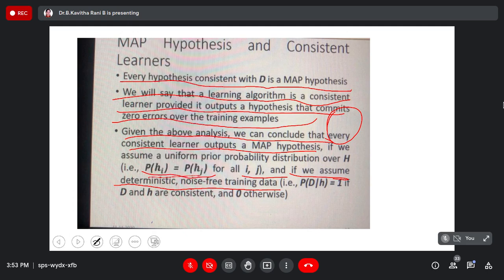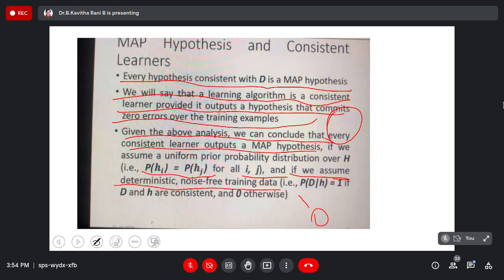What we are doing here is assuming data is deterministic, assuming data is noise-free, assuming all hypotheses in the hypothesis space share equal probability. Then if the hypothesis is consistent with the training examples, the probability is given as 1, otherwise it is given as 0.